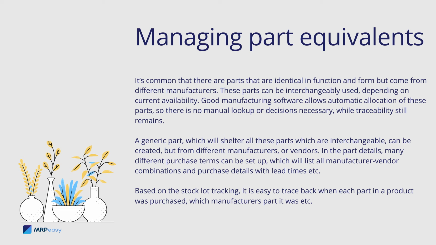In the part details, many different purchase terms can be set up, which will list all manufacturer-vendor combinations and purchase details with lead times, etc. Based on the stock lot tracking, it is easy to trace back when each part in a product was purchased, which manufacturer's part it was, etc.